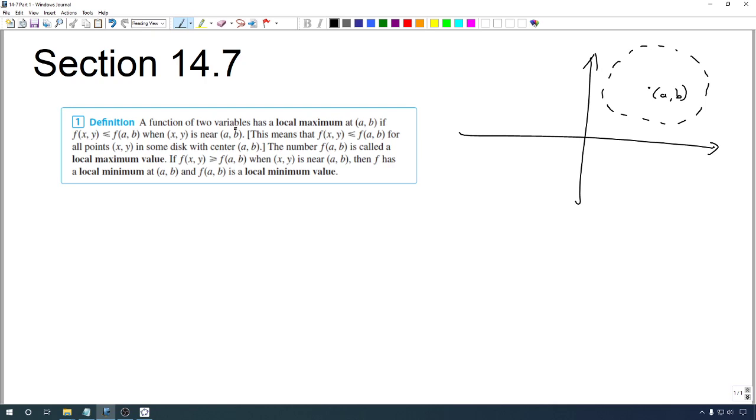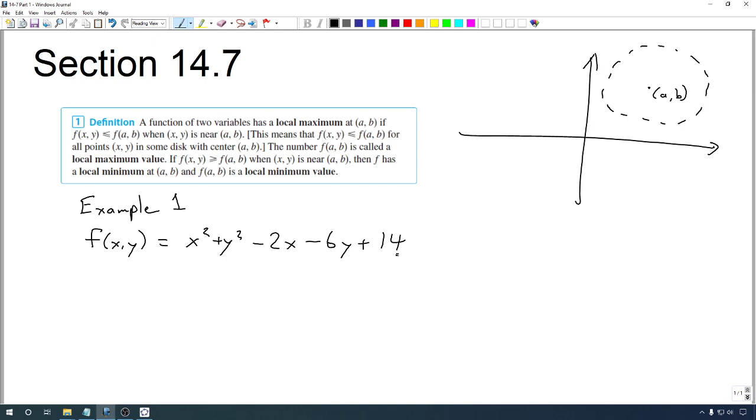Okay, so let's actually look at an example of this. We'll just kind of steal the book's example one, though we'll work with it a little bit differently than they did. But they have a function f(x, y) equal to x squared plus y squared minus 2x minus 6y plus 14.